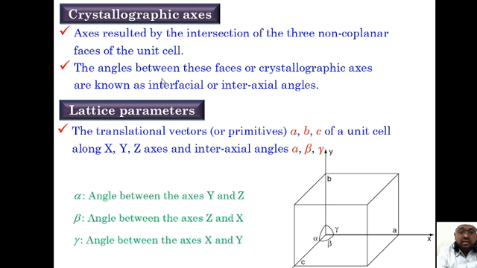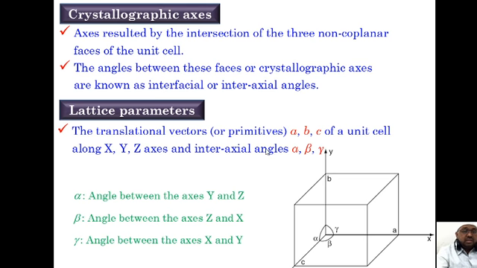Now, along with the interaxial angles, the translation vectors a, b and c give us the dimensions along the x axis, the y axis and the z axis. If I start from the origin and go to some point A, that is represented by the translation vector a, and similarly b and c. Such vectors are the primitive translation vectors a, b, c of a unit cell, along the x, y, z axes with interaxial angles alpha, beta and gamma.